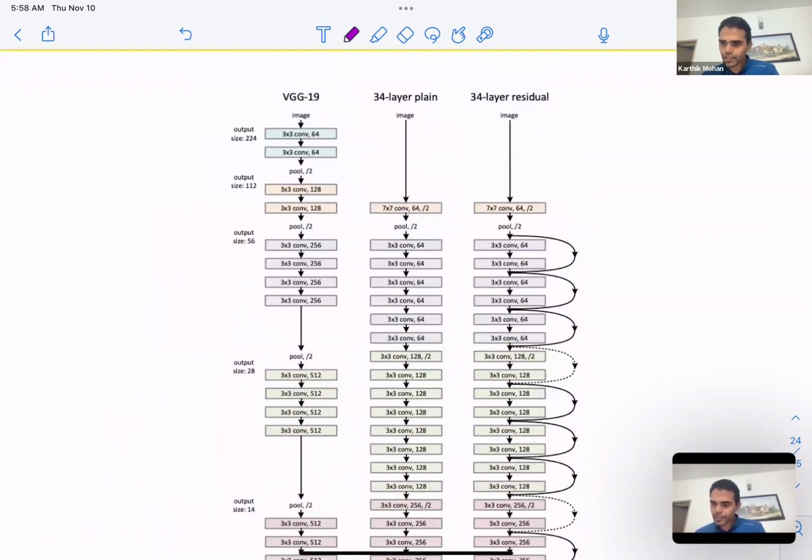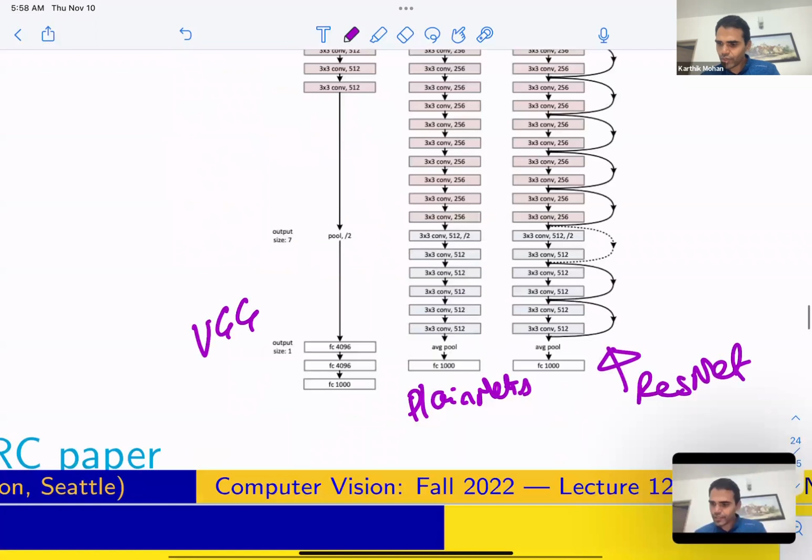We start with 224 by 224, and then there is 112 by 112, and 56, and so on. At the very end, you have 1 by 1, but the depth actually goes up.